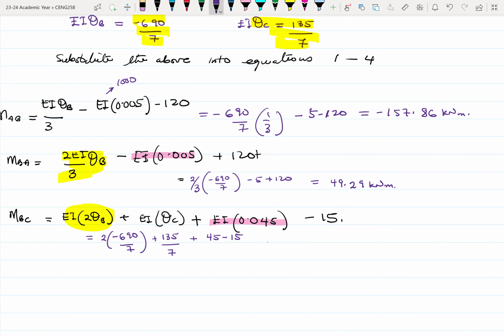So 45 minus 15 is 30. Then plus 135 over 7. And we should get, oh, something is not right with my answer. Let me try to figure out what I did wrong.